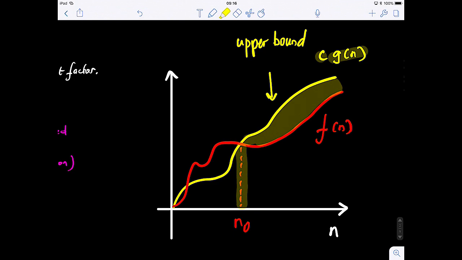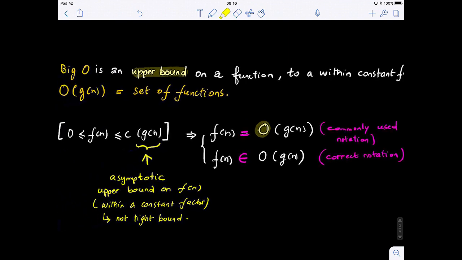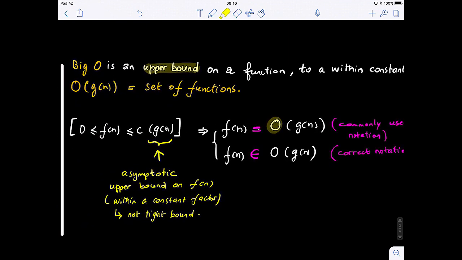This means that f is in the order of g of n. This is the common notation, and we call g of n the asymptotic upper bound on f, within a constant factor.